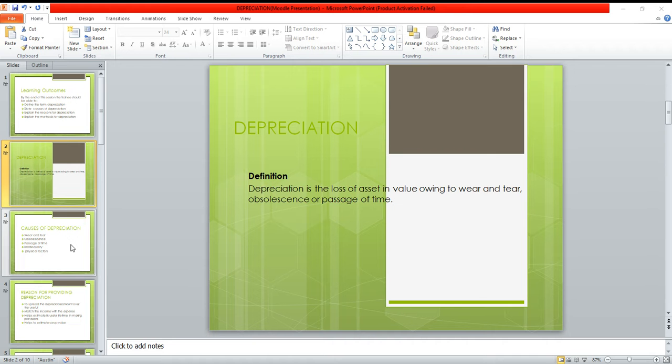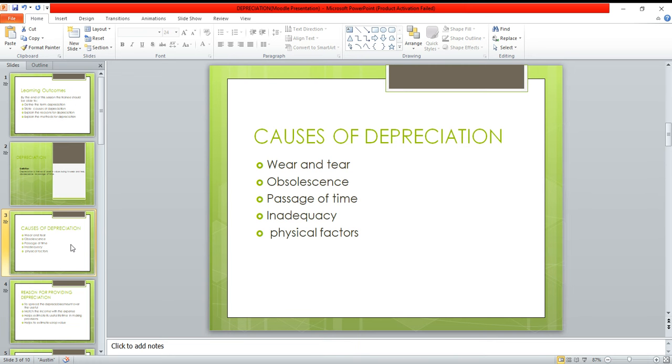And the second objective is we want to see the causes of depreciation. What causes this asset to depreciate in value? Who can give us examples of the causes of depreciation?